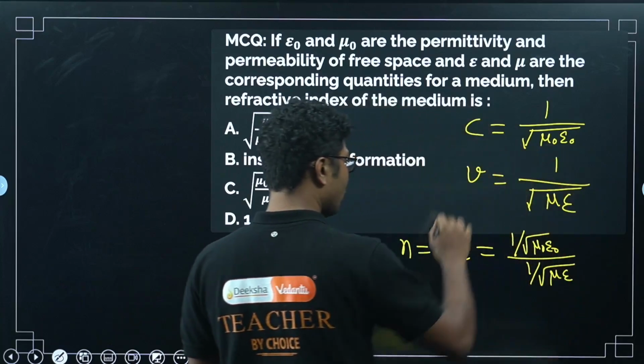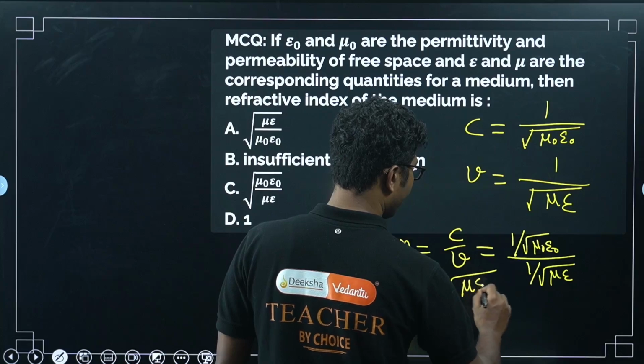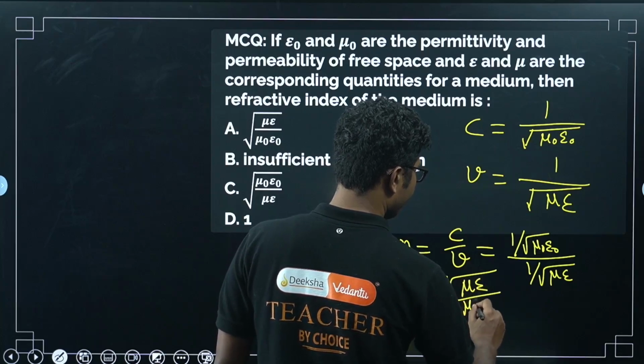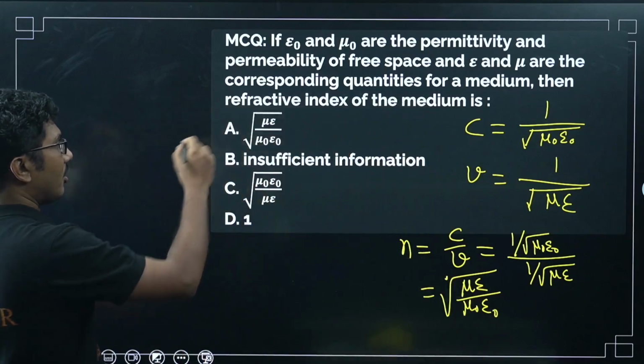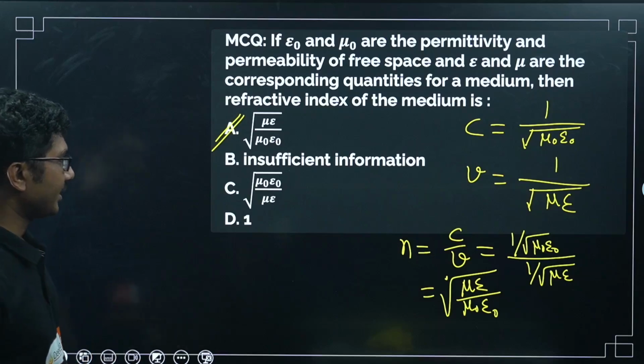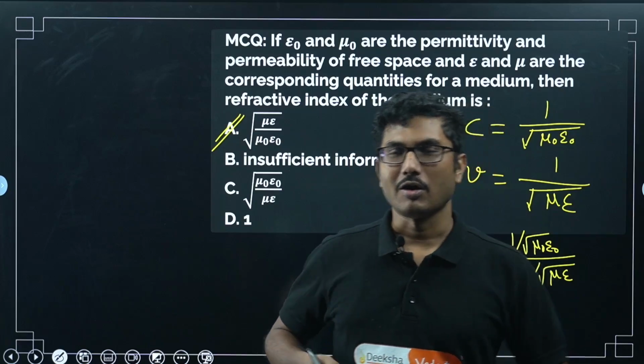So the square root of mu epsilon will go up, giving square root of mu epsilon divided by square root of mu naught epsilon naught, okay. This should be the answer. So the option is given at option A. So this is the answer for this question based on laws of refraction.